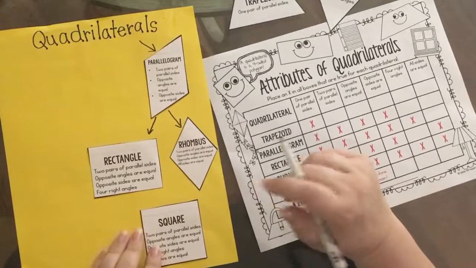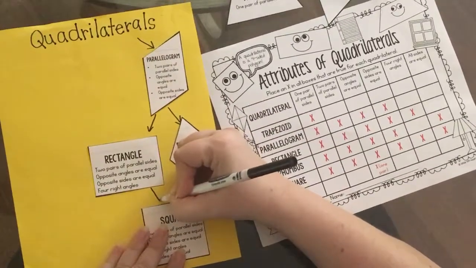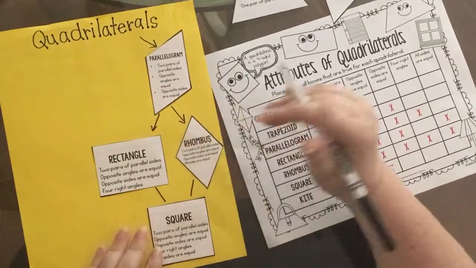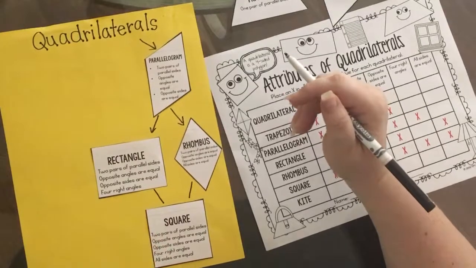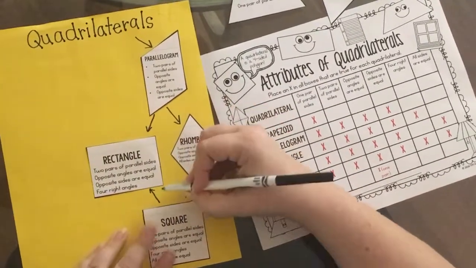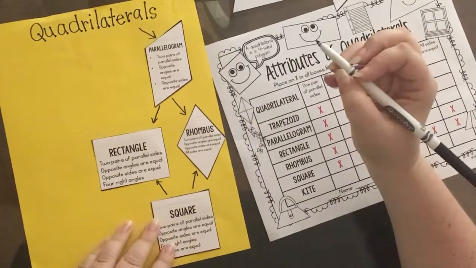So that tells me that a rectangle and a rhombus are both related to a square, because a square can be the rectangle and it can be a rhombus.